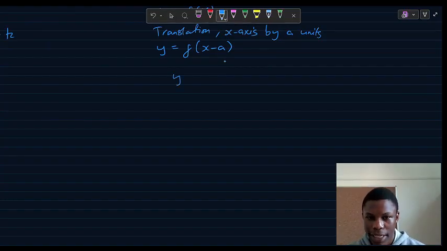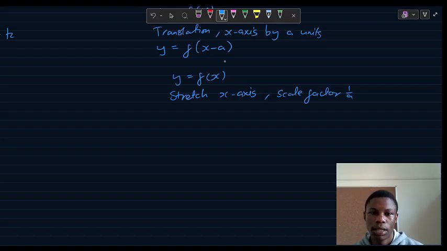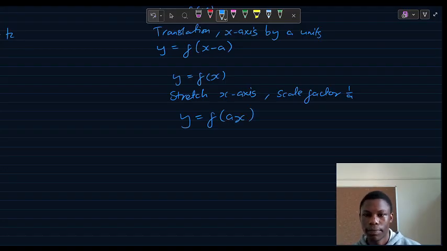And then if you're starting with y equals f of x and you do a stretch in the x by scale factor 1 over a, this becomes y is equal to f of a x.